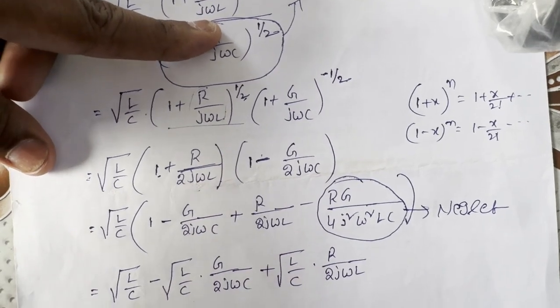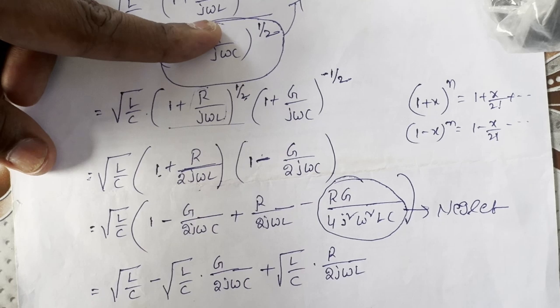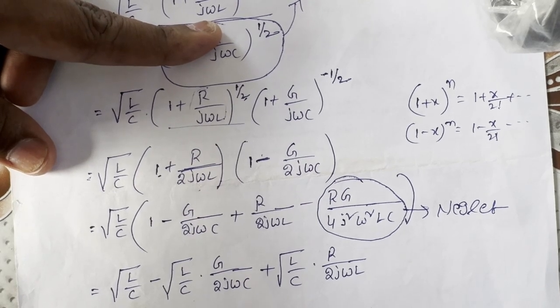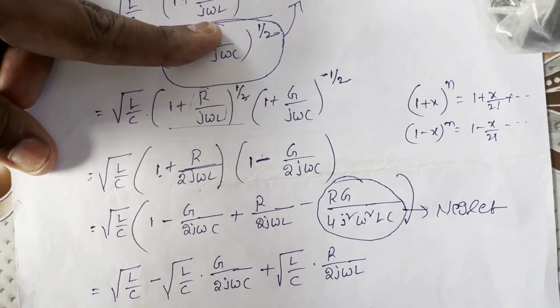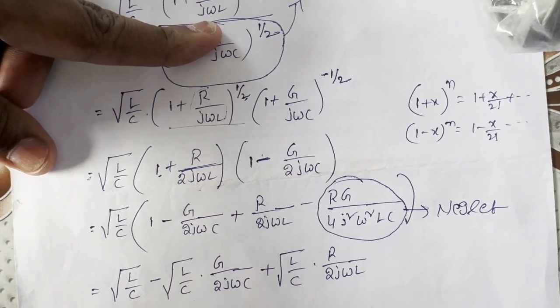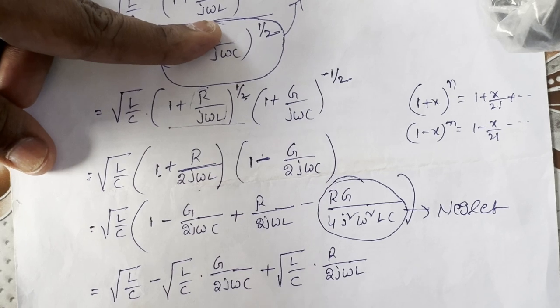Now we have to take some common terms. What are the common terms we are having here? Then that is equal to square root of L by C plus j by 2 omega.